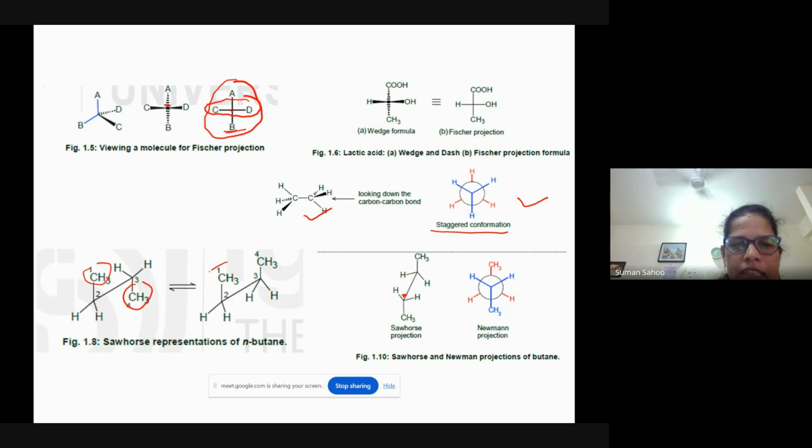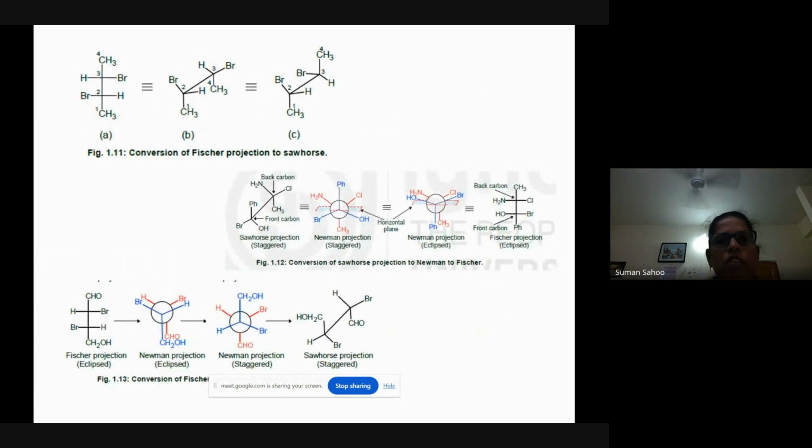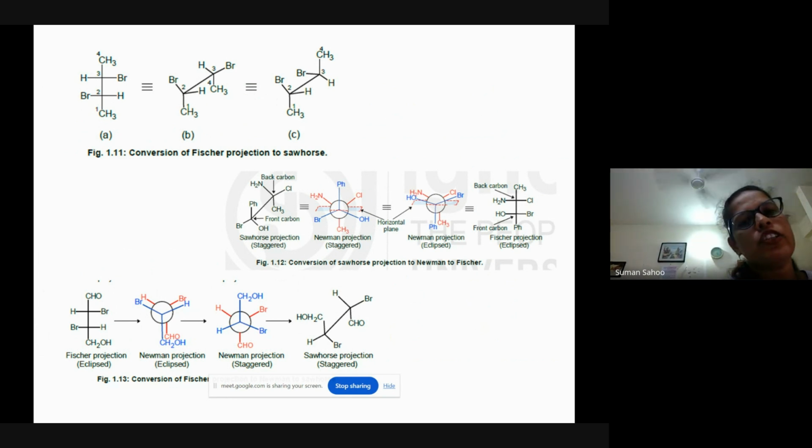But in this case, they are on the same side, or their dihedral angle is zero there.